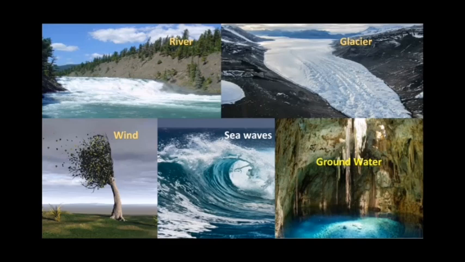Along with erosion, we have transportation and deposition. In this chapter, we will be seeing these processes which occur due to rivers, glaciers, winds, sea waves, and groundwater, and the various landforms that they form.